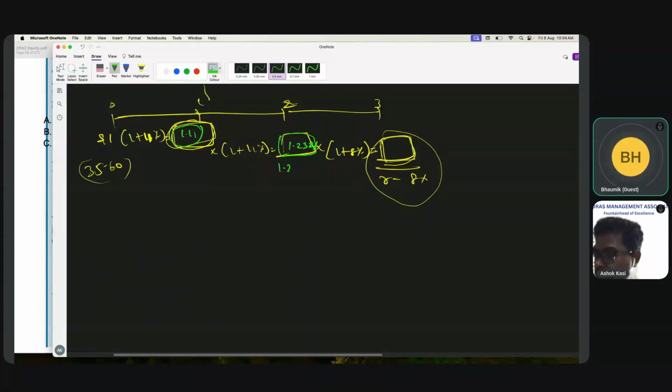And here, 1.330. Okay. So now R will be 10, if we do the trial and error method, so R can be 10.